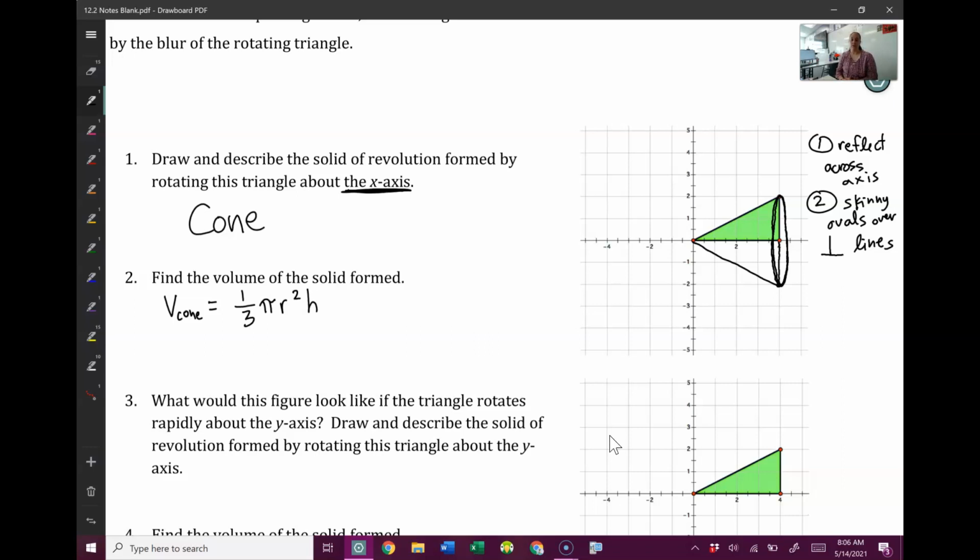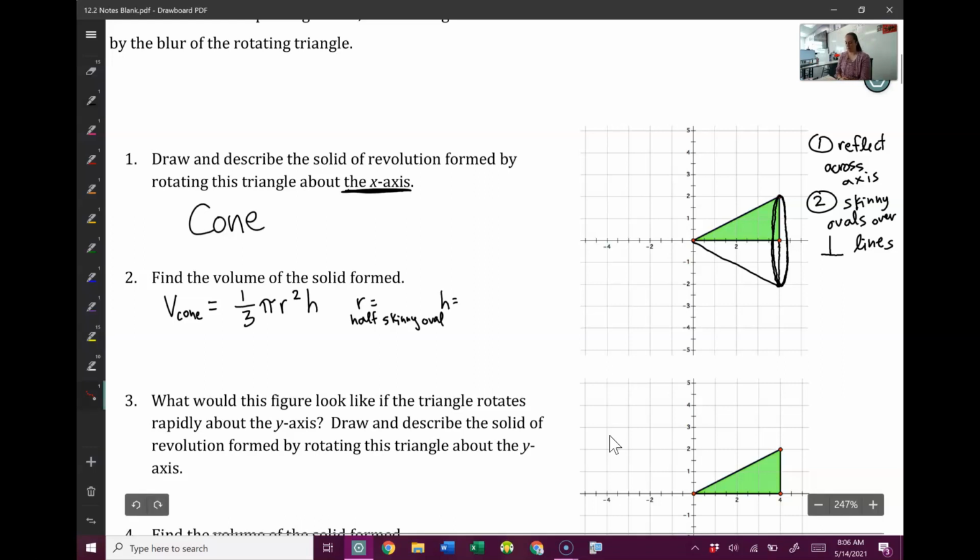That is the equation for volume of a cone, and that is one you will want to memorize. So all I need to know is what r is and what h is. Well, r is going to be half of my skinny oval. Radius is half of the circle, half of the skinny oval.